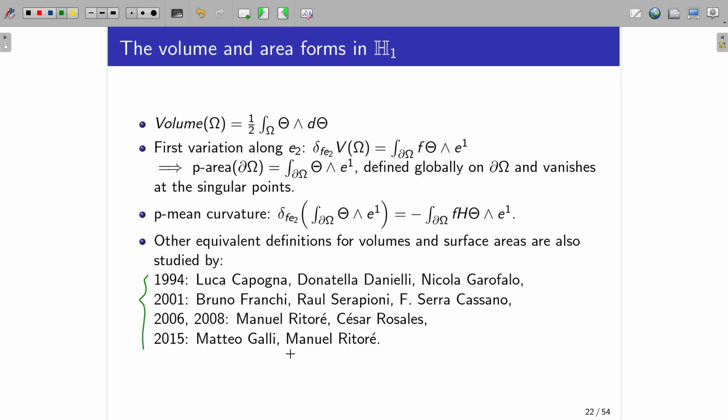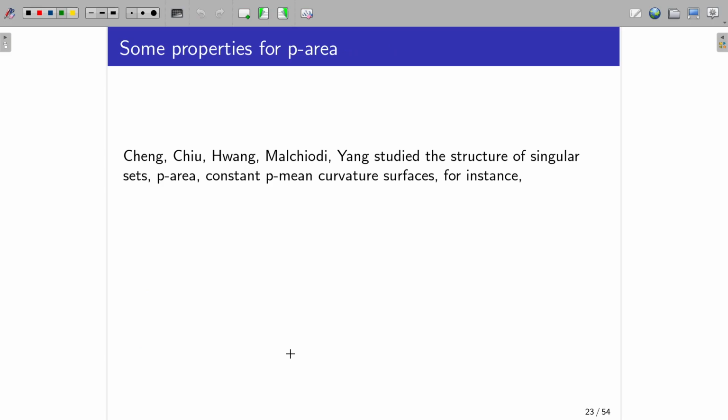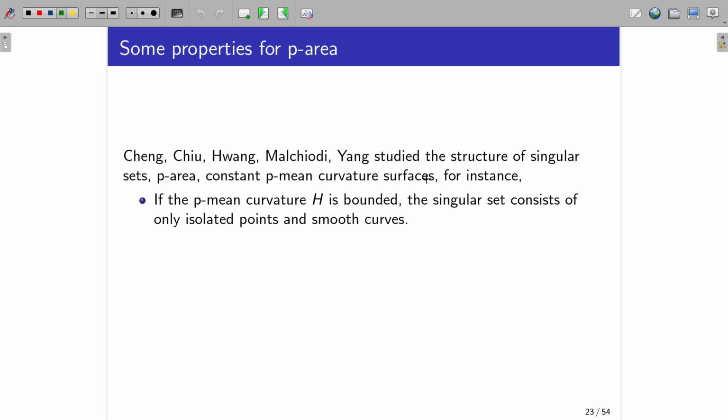Including all mathematicians here. Also, Chang, Huang, and Yang study the structure of singular sets of p-area constant p-curvature surfaces, and they have several results. For example, they prove that if the p-mean curvature H is bounded, the singular set consists of only isolated points and smooth curves.